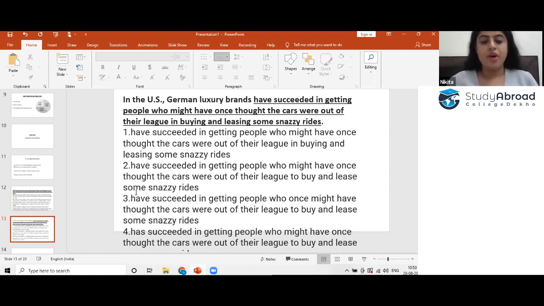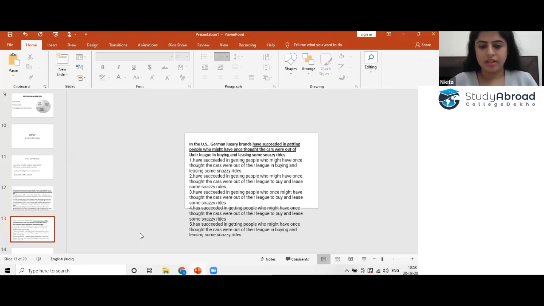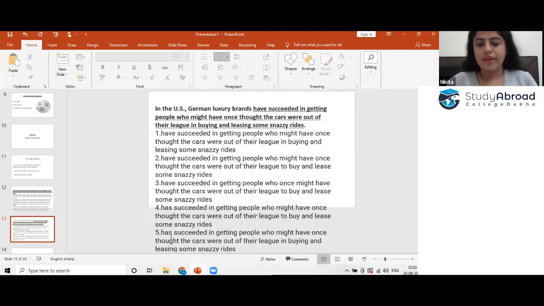Were you able to see that the first, second and third options start with have, and the fourth and fifth options start with has? So you have to make a choice between have and has. How are you supposed to do that?